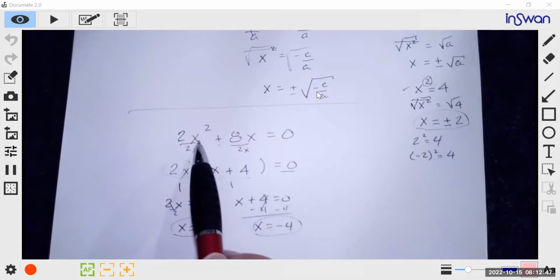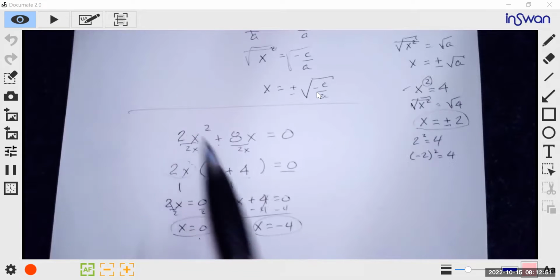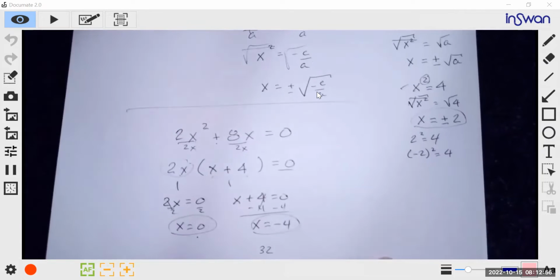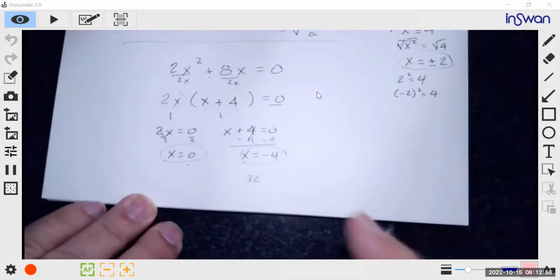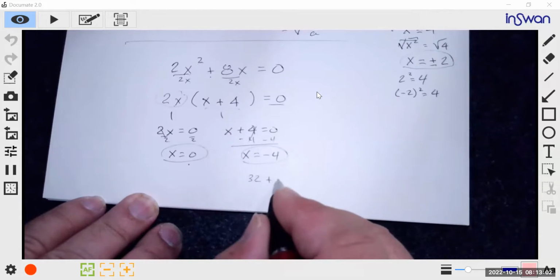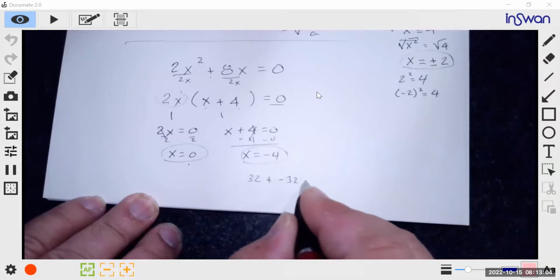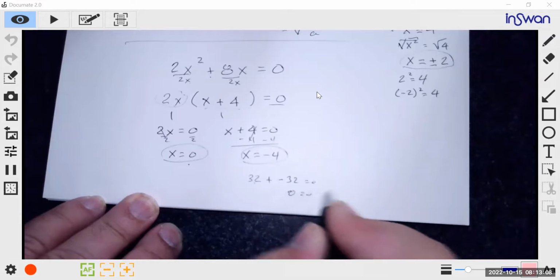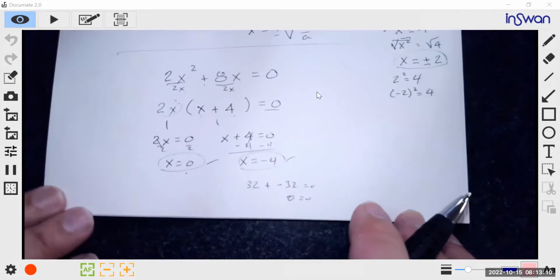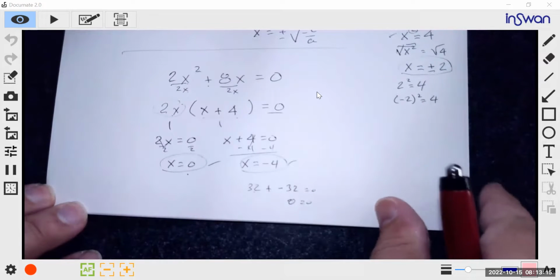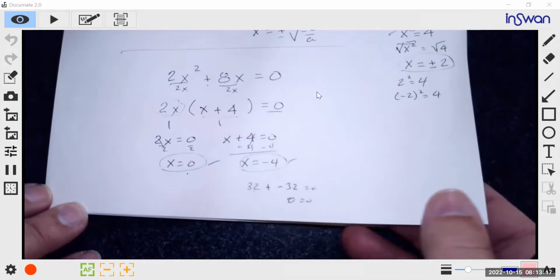Negative 4 squared is 16. 16 times 2 is 32. 8 times negative 4 is negative 32. 32 minus 32 is 0, so both of these answers work. So there's the example of the first form.